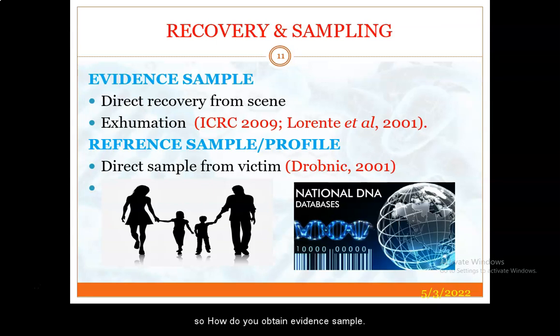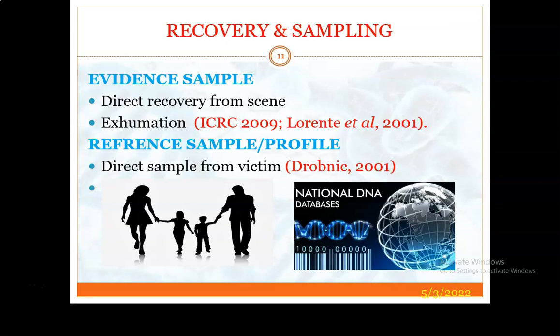So how do we obtain the evidence sample? Through direct recovery from the scene, and also through exhumation. How do we get reference samples for comparison? Through direct sample from the victim, that is a sample the victim or the deceased person left behind.